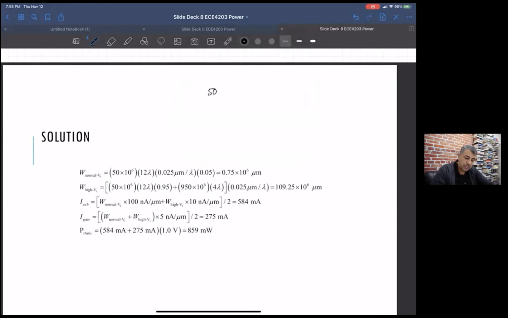So we had 50 million logic gates, and I don't know, whatever it was, 950 million memory gates. And these had an average width.